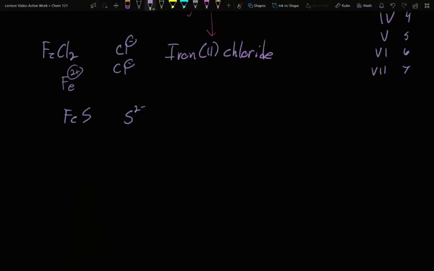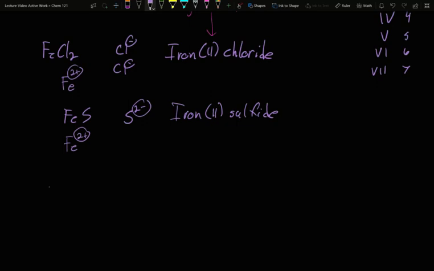I have 1 iron to get my positives on, and I have to be neutral overall. So my iron must be a 2+ to balance the 2-. This is iron(II) sulfide. So again, the 2 here is, as it was before, talking about the charge on the iron. We only have a single sulfide in the formula. That 2 is the charge on the metal.